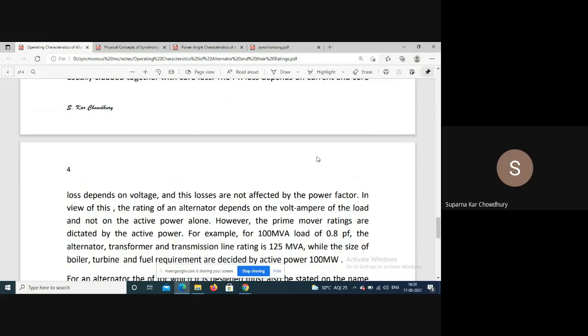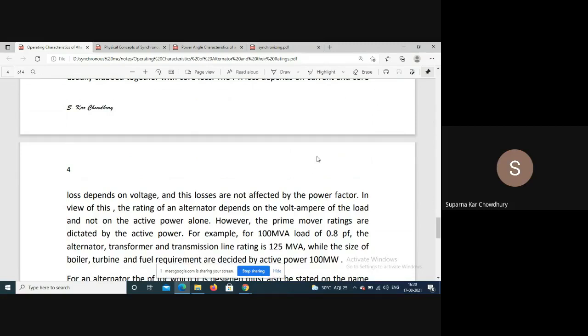On the other hand, the active power, what the machine can deliver, depends on the shaft power input from the prime mover. So unless the prime mover input is changed, the output of the machine cannot be changed. Just try to visualize where the power input is coming from.